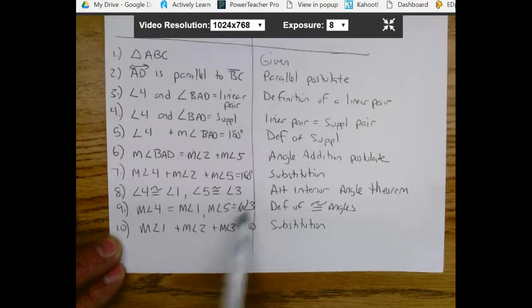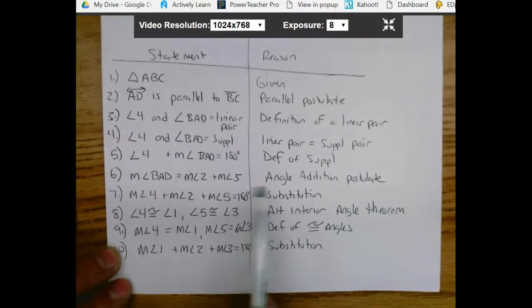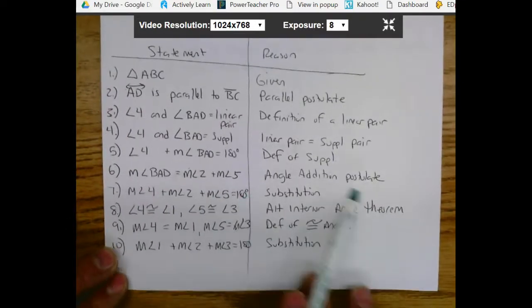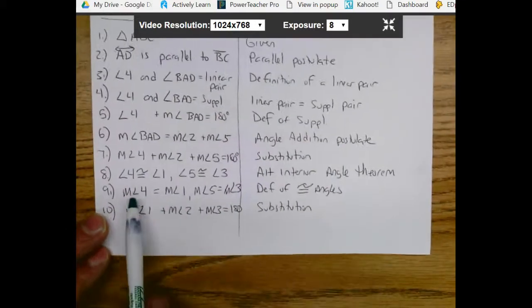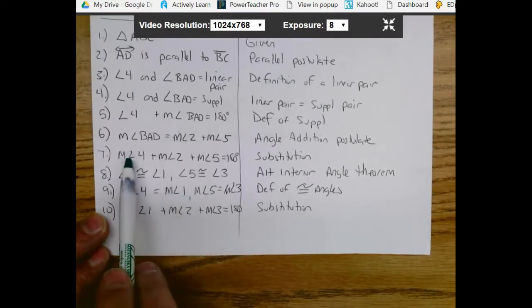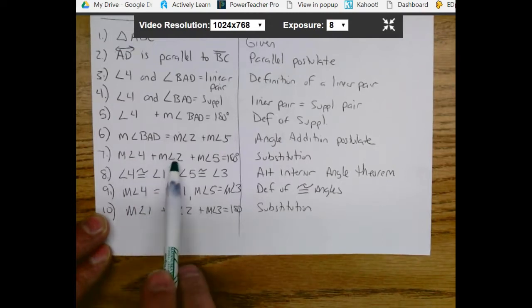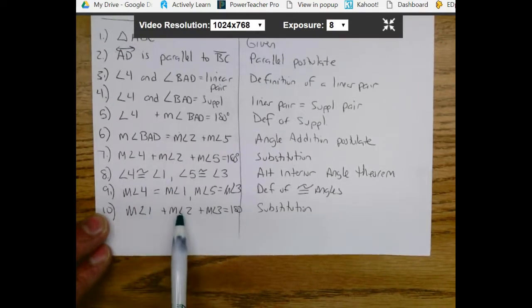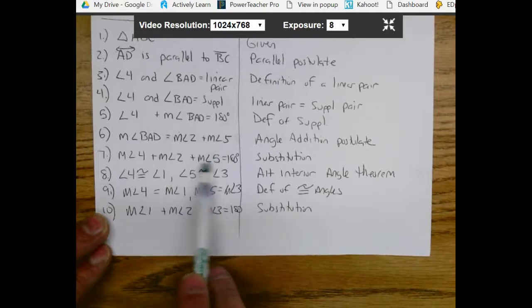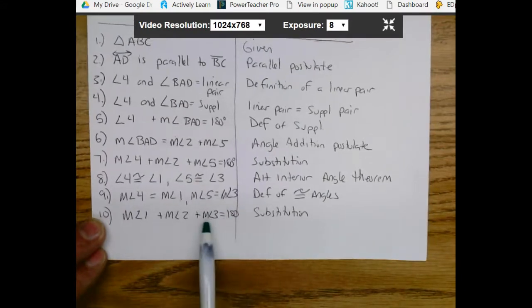And if you remember, we started with the measure of angle 4 plus the measure of angle 2 plus the measure of angle 5 equals 180 degrees. Since 4 and 1 are equal, we can plug in 1 for 4. We keep angle 2, and since 5 is equal to 3, we plug in the measure of angle 3.